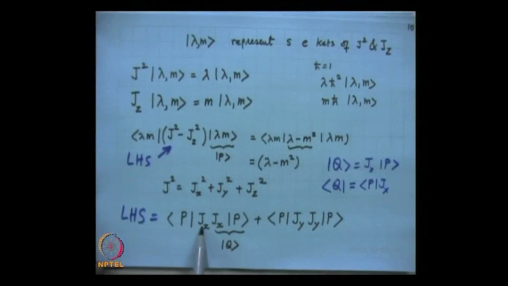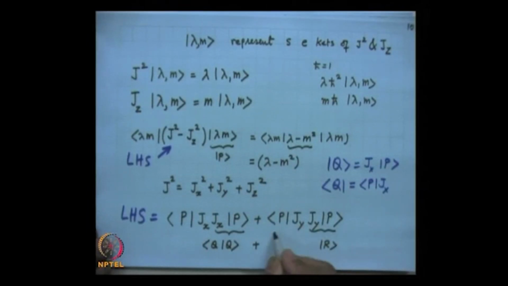So, bra p jx is just bra q. So, this is bra q ket q, plus jy ket p, let us suppose this is ket r, then this is bra r ket r.